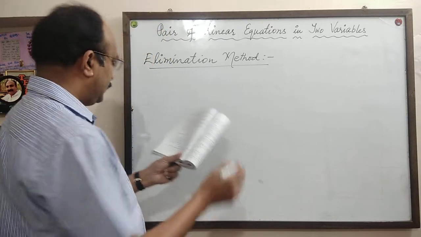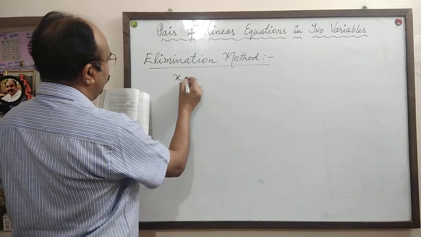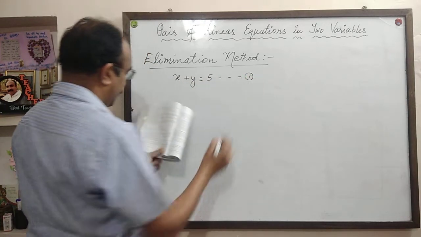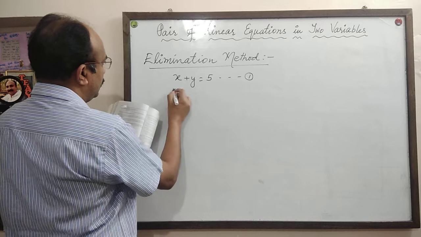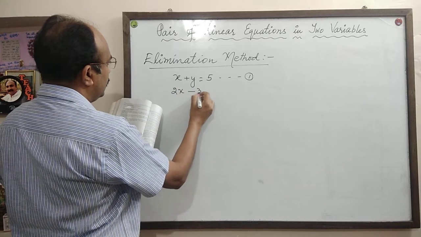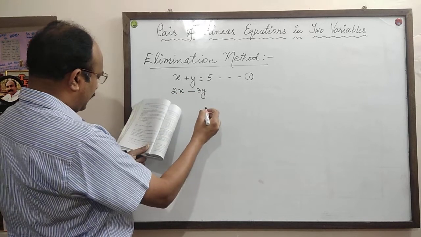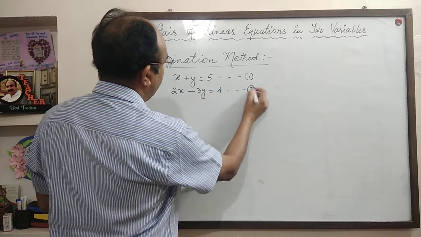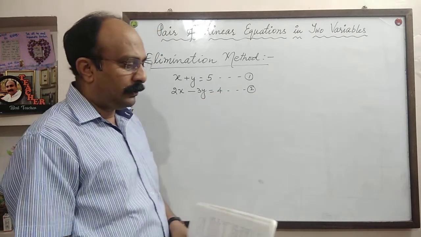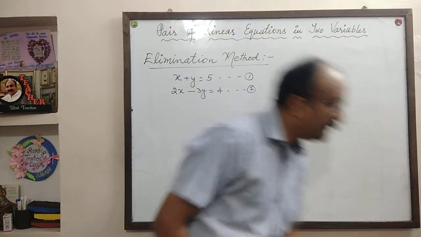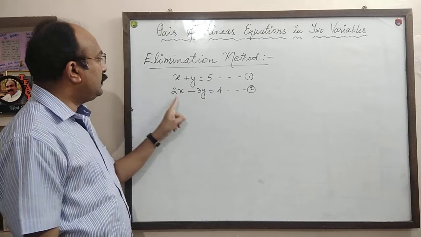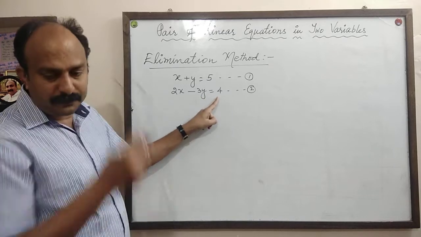First question, x plus y is equal to 5. Second equation, 2x minus 3y is equal to 4. These are the two given equations: x plus y is equal to 5, 2x minus 3y is equal to 4.